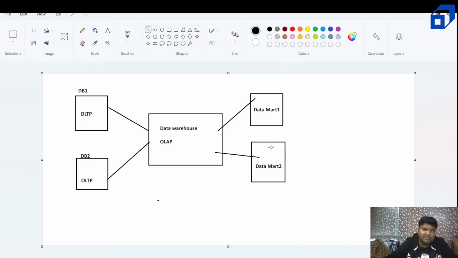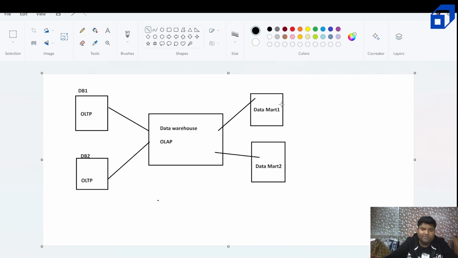For example, if I want to perform some analysis on HR data, the data warehouse will have all the functional data belonging to HR, IT, operations, sales, etc. But if I want to build a chart or a report only on HR data, I can fetch all the history data of HR into data mart 1, and all the sales related data for all the sales representatives into data mart 2.